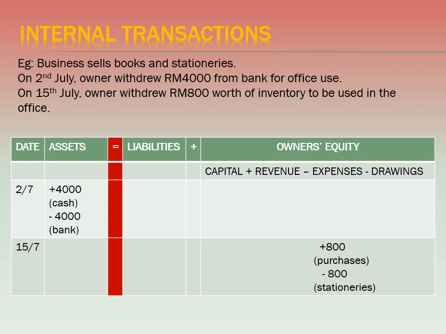And the inventory taken out is to be used in the office, so it becomes an expense to the business because we will record it as stationeries. So stationeries is also under the expenses column. So there is one record with a plus sign, and one record with a negative or minus sign.